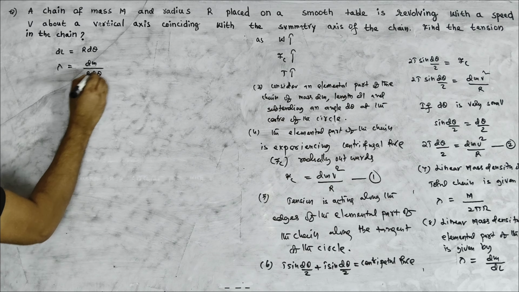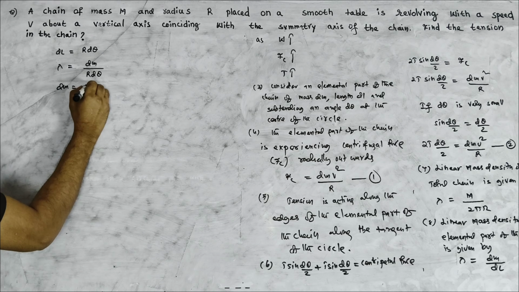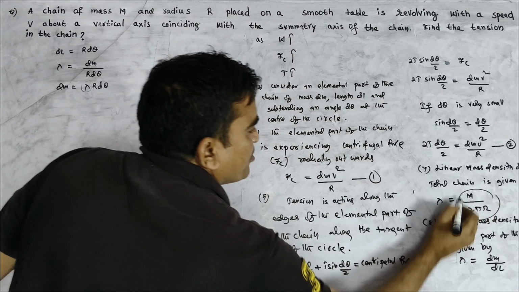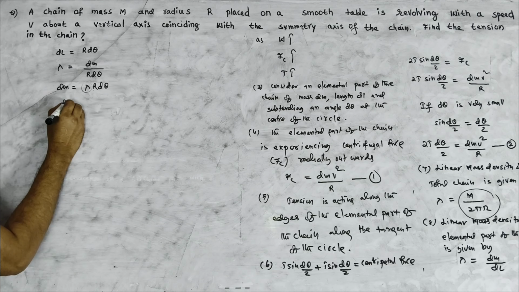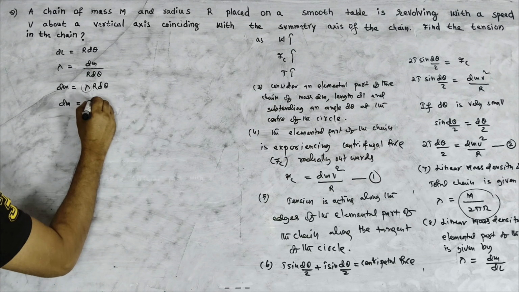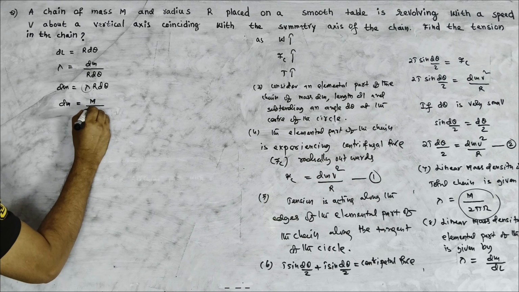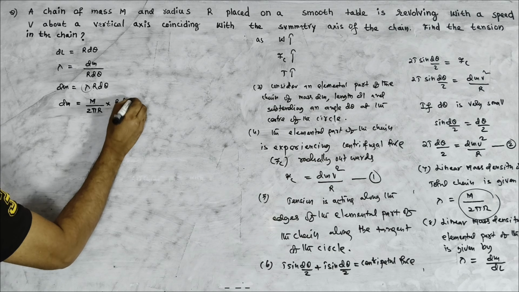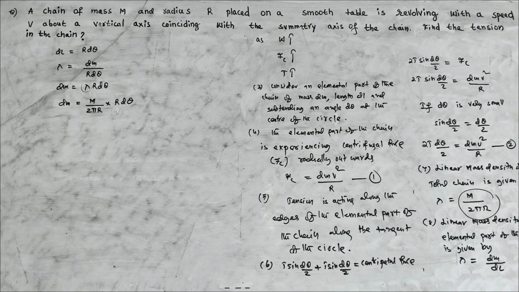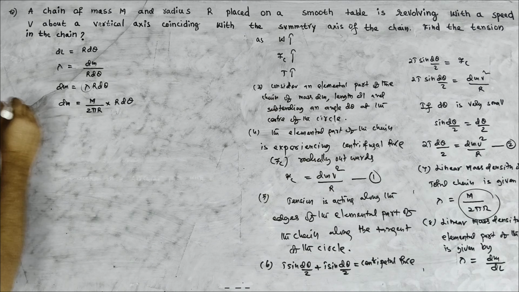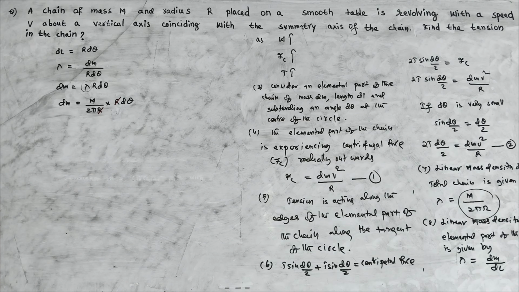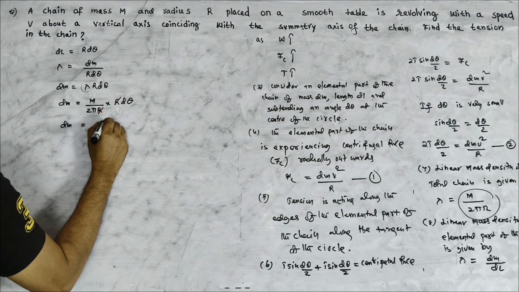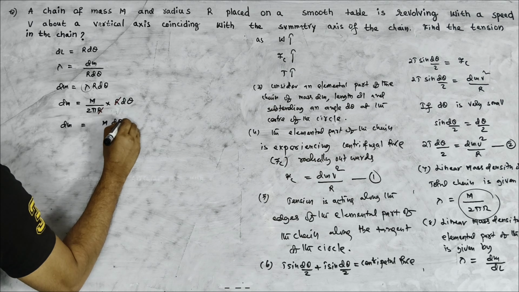Otherwise dm is equal to lambda r d theta, and taking the lambda value, dm is equal to m upon 2 pi r into r d theta. Then r is cancelled, and dm is equal to m d theta upon 2 pi.